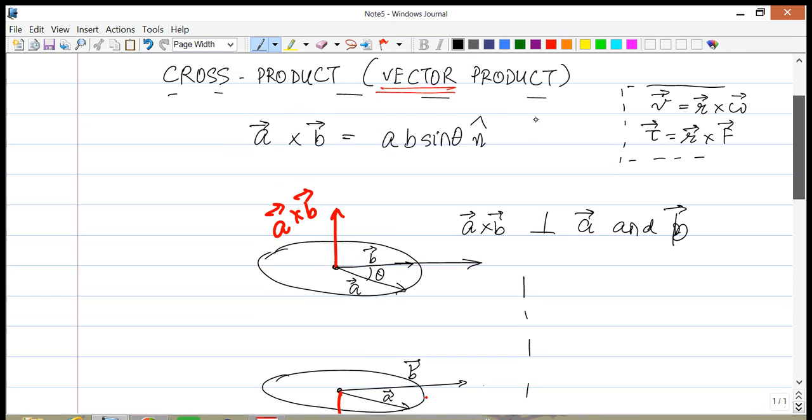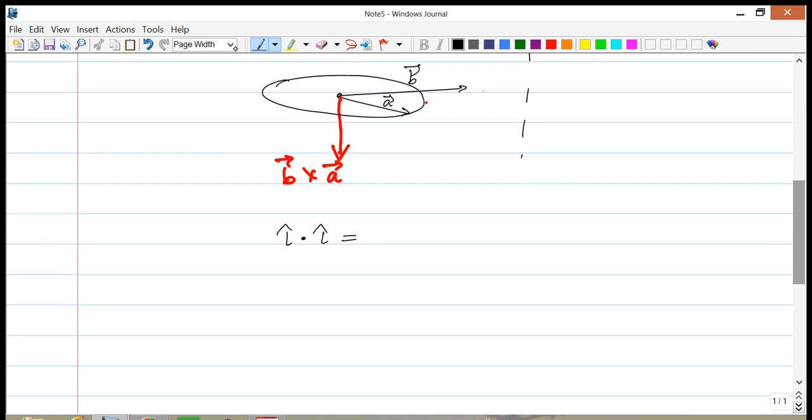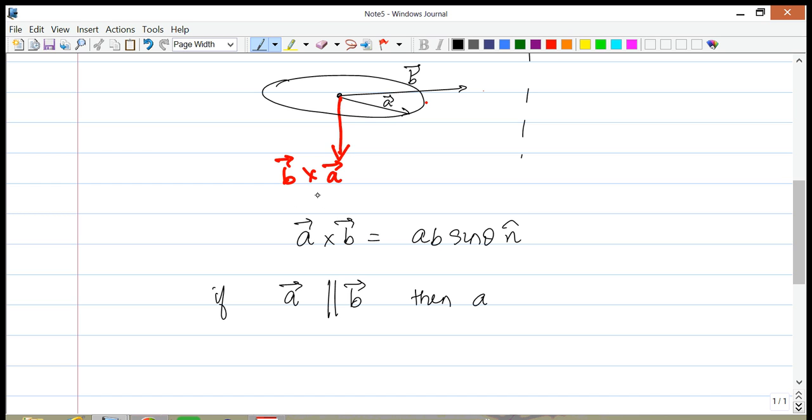Since a cross b is equal to ab sine theta times n hat, this clearly tells us that if a is parallel with b, then a cross b is equal to 0.